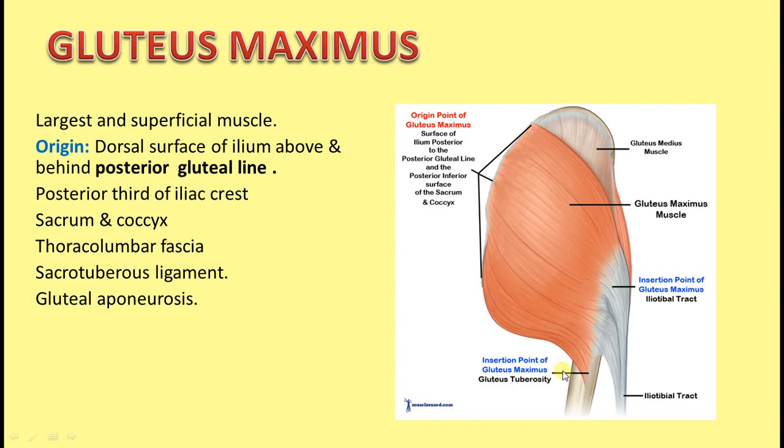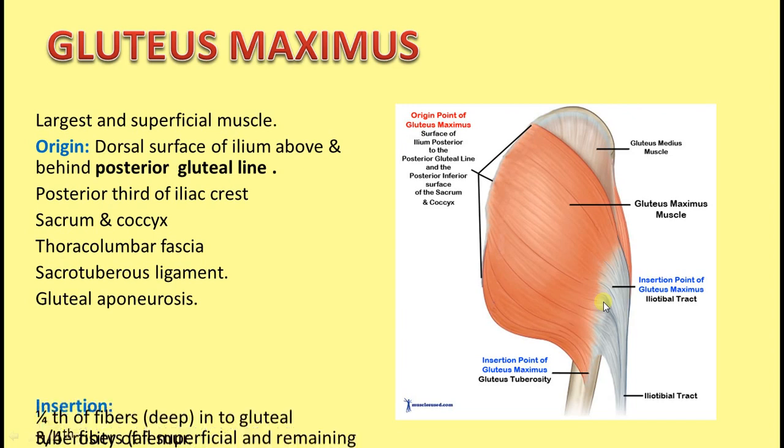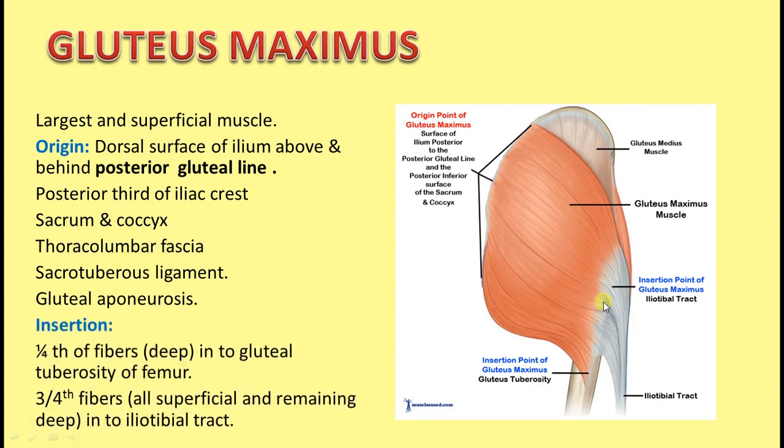Okay, so gluteus maximus inserts into the gluteal tuberosity of the femur. The upper 3/4 of the fibers are actually inserted into the iliotibial tract. Only 1/4 of the fibers are inserted into the gluteal tuberosity.